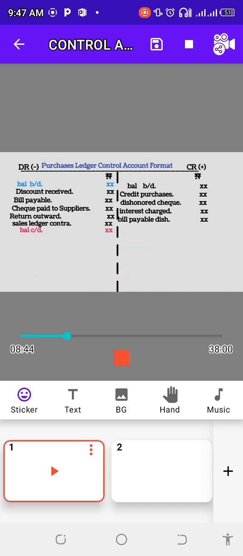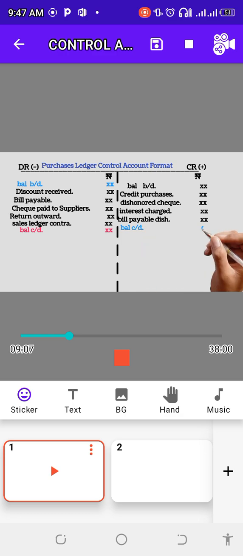Then the balance carried down: take the total of the two sides and use the balance carried down and put it on the lower side. That balance carried down in the red color is the actual balance of payable.